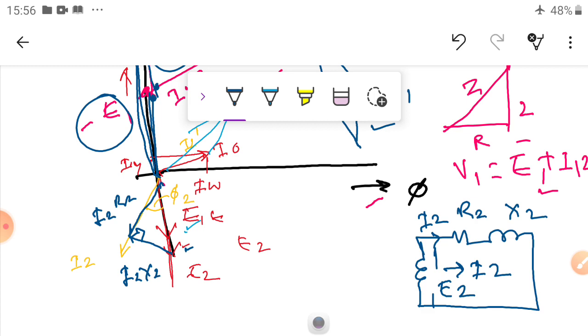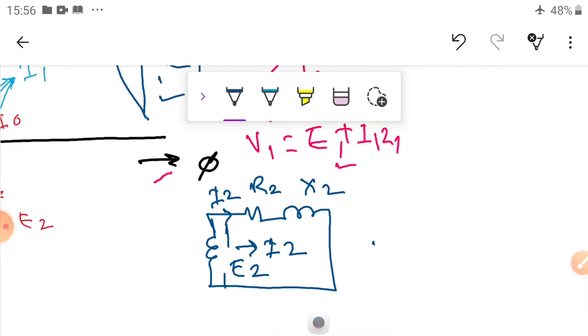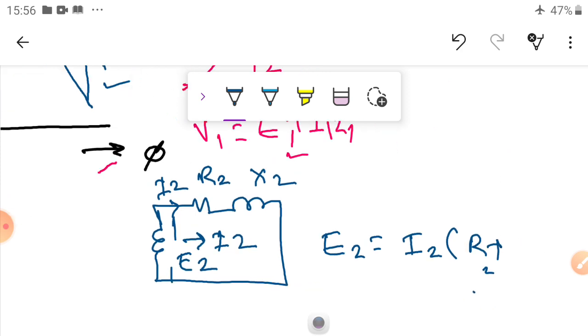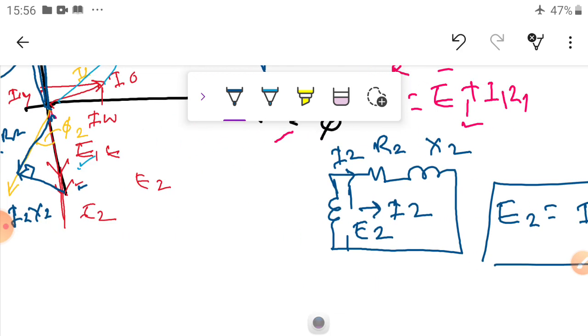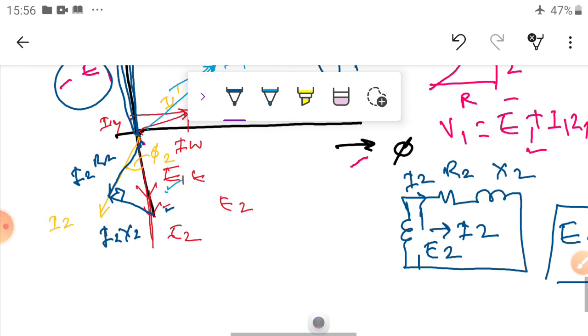So here I can write E2 is equal to I2 into R2 plus I2 into jX2. Okay, this is the equation I have written here. You can see here. So from this one to here is I1 R1, and this perpendicular is I2 R2.